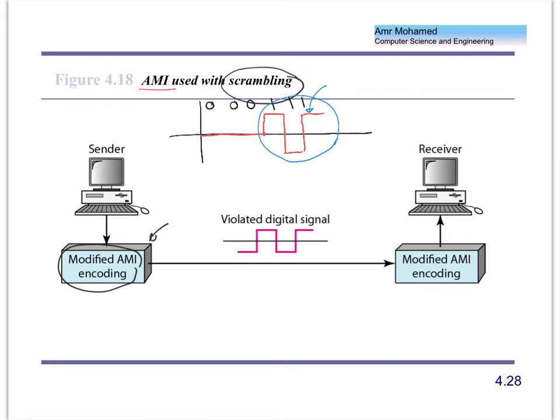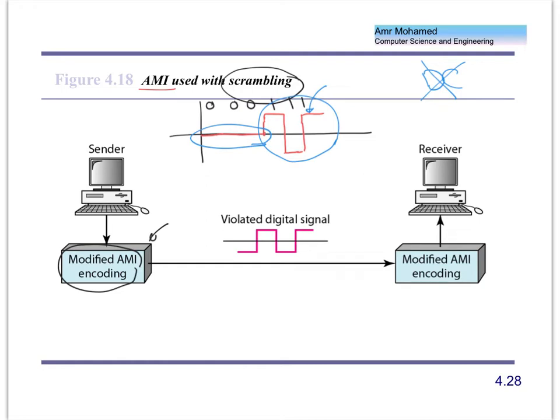In fact, one of the biggest advantages of AMI is that it has no DC component at all. Why? Because for consecutive ones, we have alternation. For consecutive zeros, we have fixed voltage. However, this fixed voltage is with zero power, right? So fixed voltage means zero frequency, but this has zero power. So we do not have any DC component.